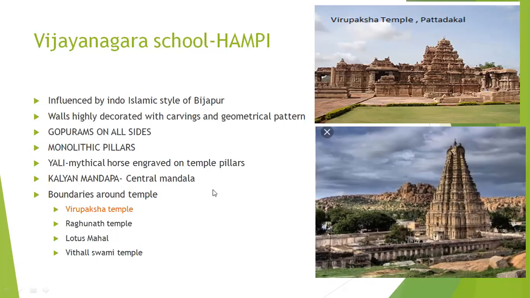The central hall, the central mandapa, is the Kalyan Mandapa, and it is connected to other shrines. The boundaries are prominently present around the temple. Examples being the Virupaksha temple at Pattadakal, the Raghunath temple, Lotus temple, and Vitthal Swami temple at Hampi.